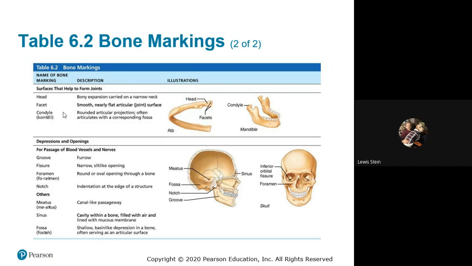For instance, you see this sort of triangular shape, kind of wide open, that's a fissure. Okay? That's called the superior, which is on top, orbital, which is the orbit, the eye socket, fissure, as you can see there, and there's one below it, called the inferior orbital fissure. It's considerably less important.